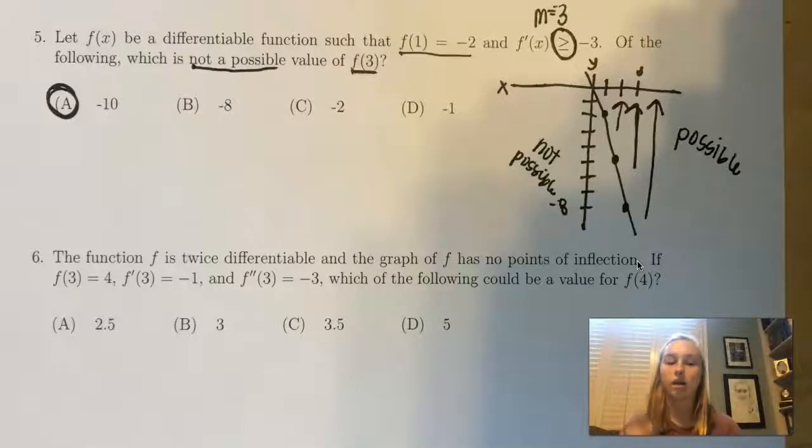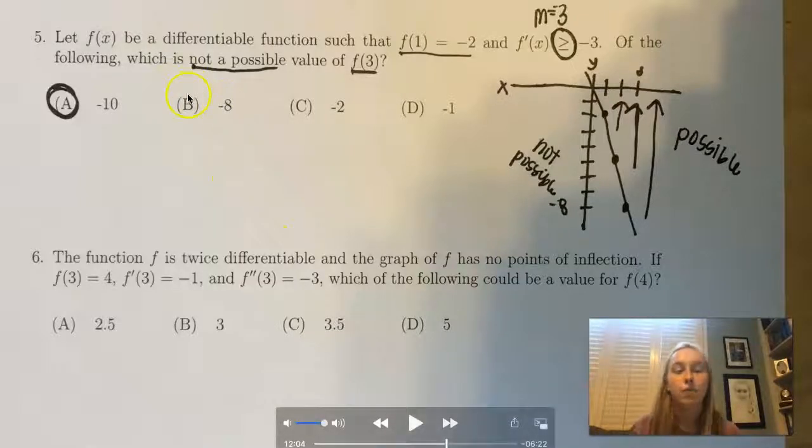The other 2 are not. So in this case, you have -8, which is the real value, and then you have 2 above it, and 1 below it. And it's always going to be what is not a possible value.